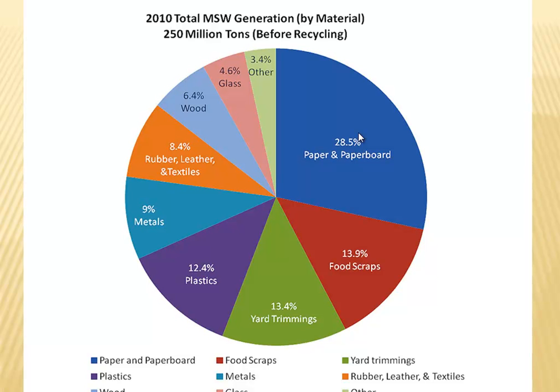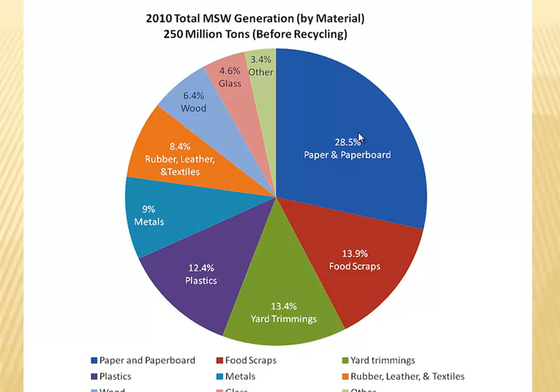Okay, well, here's the key. If you look at that waste in that chart, I think you'll find something very interesting. Look at all the parts that are organic, meaning things like paper, food scraps, yard trimmings, and wood, all of which can be composted.